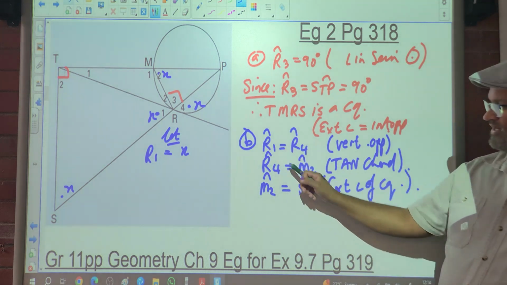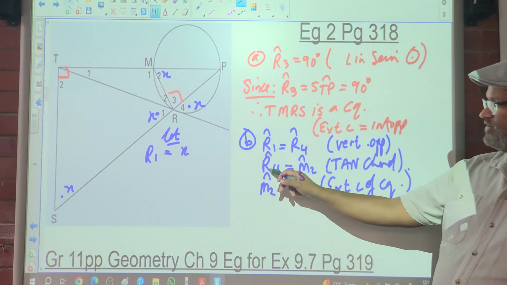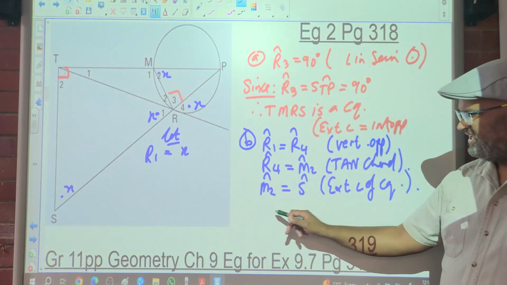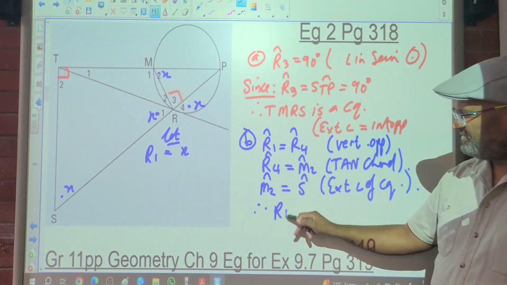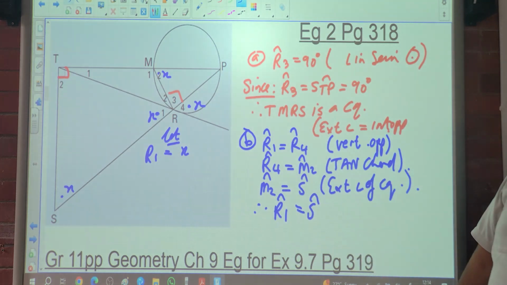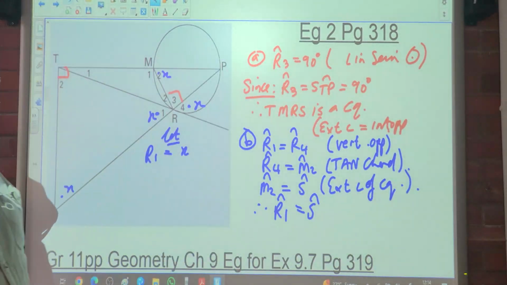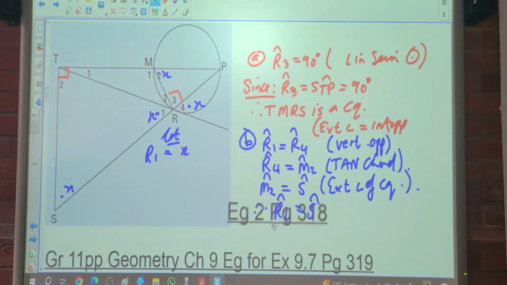You have to prove that R1 is equal to S. Now if R1 is equal to R4, R4 is equal to M2, M2 is equal to S, therefore R1 has to be equal to S. Beautiful, no? Can't help but fall in love with these sums, no?